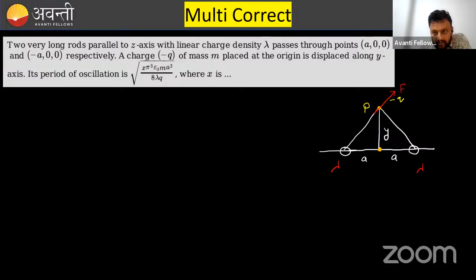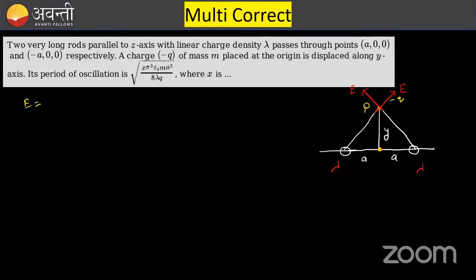This field will be E and this field will also be E. अरे ठीक है क्या? This field is E and E, both fields will be same in magnitude, and the value of E will be, anyone knows the formula for field due to a long wire? यस सर, 2k lambda by r.